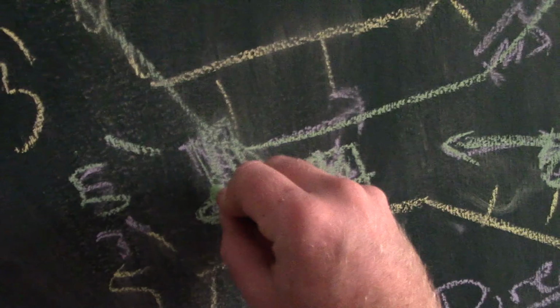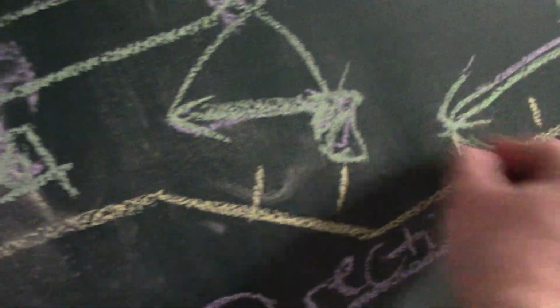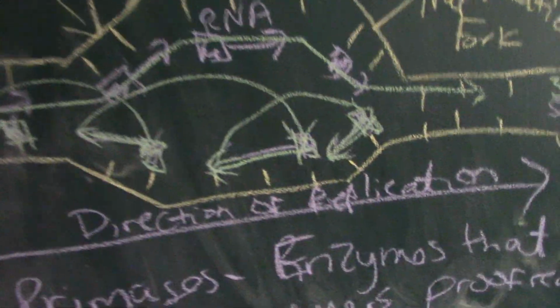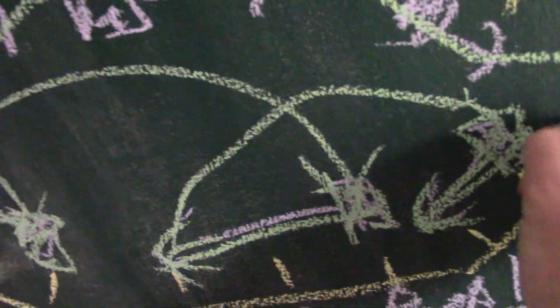So it's still built this way, but what happens is they remove the primer, build backwards, then the machinery pops to the next series, builds backwards, pops to the next set of base pairs. Okay? So this will eventually build the new strand. Alright? So the 3' to 5' strand is built discontinuously. This is called a discontinuous build.